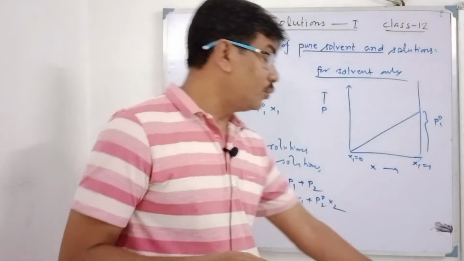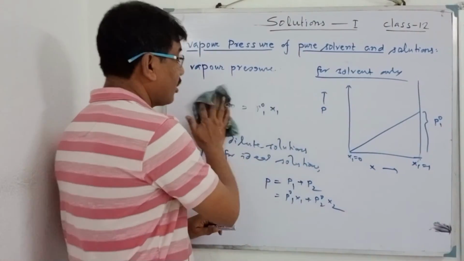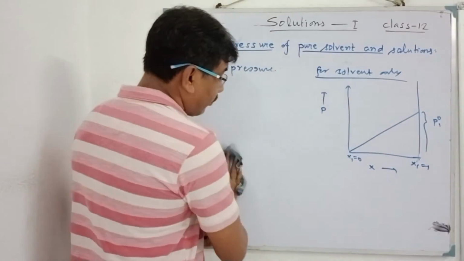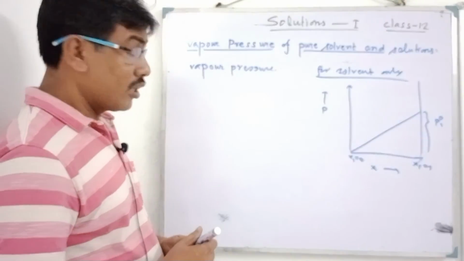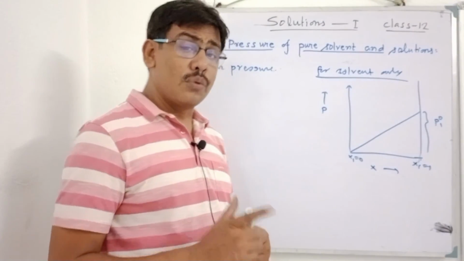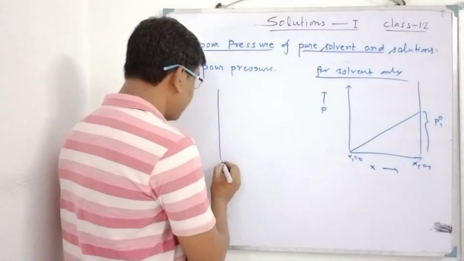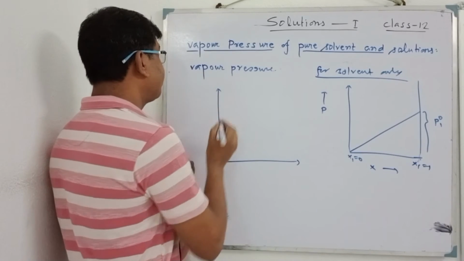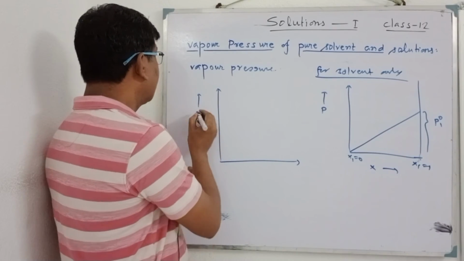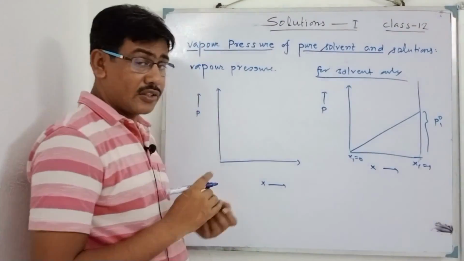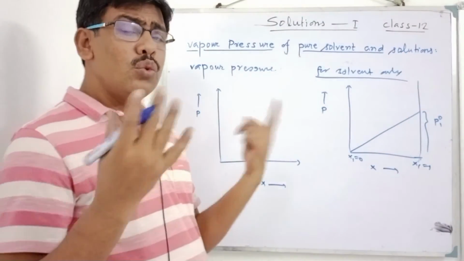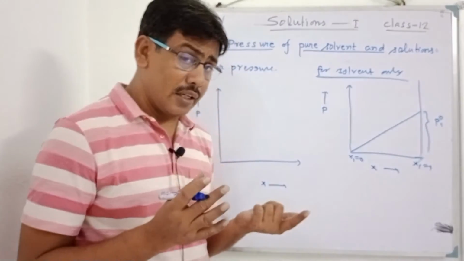Now if you consider the vapor pressure of the solution of two volatile liquids, the graph is like this, with vapor pressure along the y-axis and mole fraction along the x-axis. The substances are volatile.